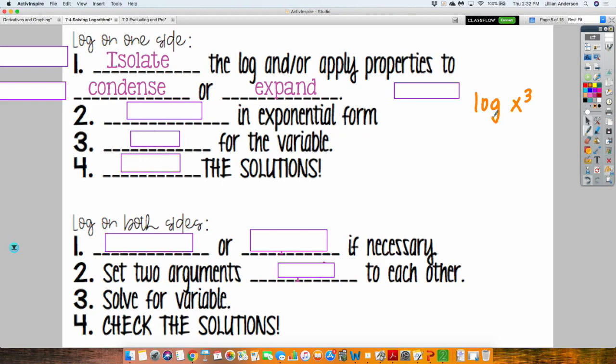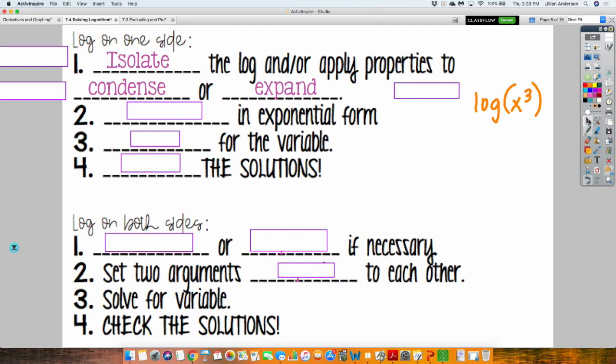You do not have to bring it to the front. You can actually leave it the way that it is, because technically this is log of x to the third. That's technically what that is, okay? And so technically the log is by itself, so you can work with it like that.